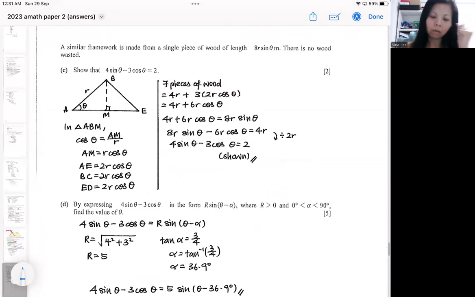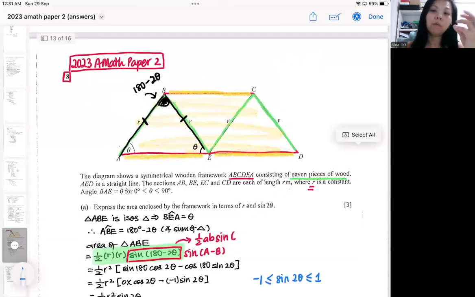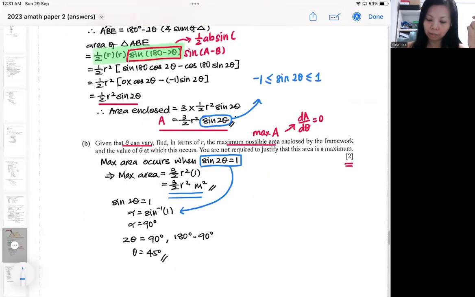So now the next part, the question says that a similar framework is made up from a single piece of wood. It will not make any sense if you miss out on the 7 pieces in the previous part. So the whole framework is made out of the 7 pieces.